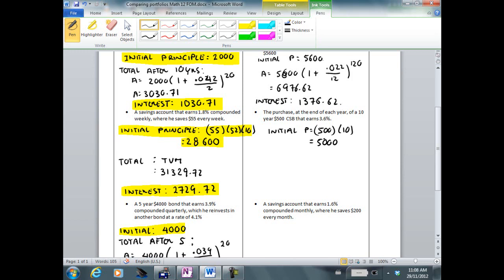In total, in 10 years, you put in 5,000. So now we're going to use the TVM solver. Grab your calculator and use the TVM right now. 500 times 10, because you're putting $500 each year for 10 years. So what do you have?